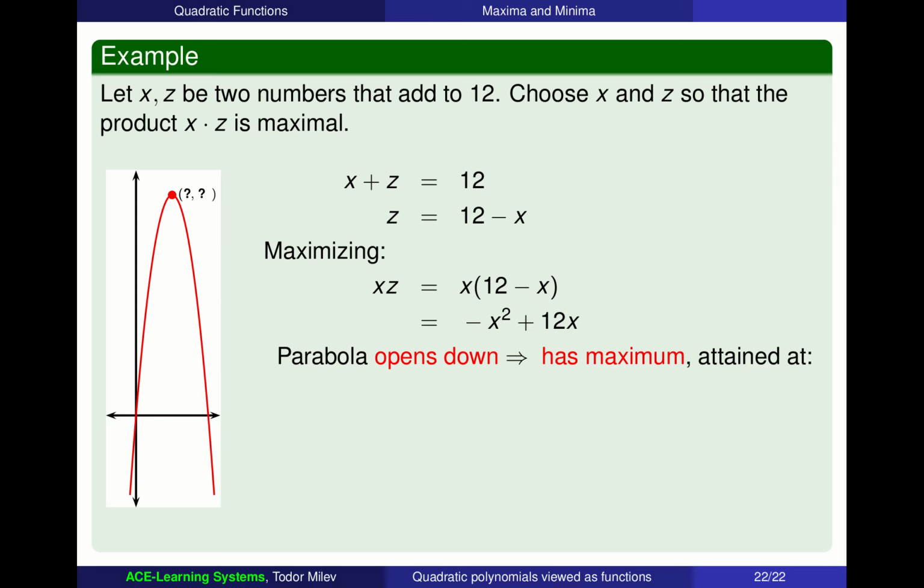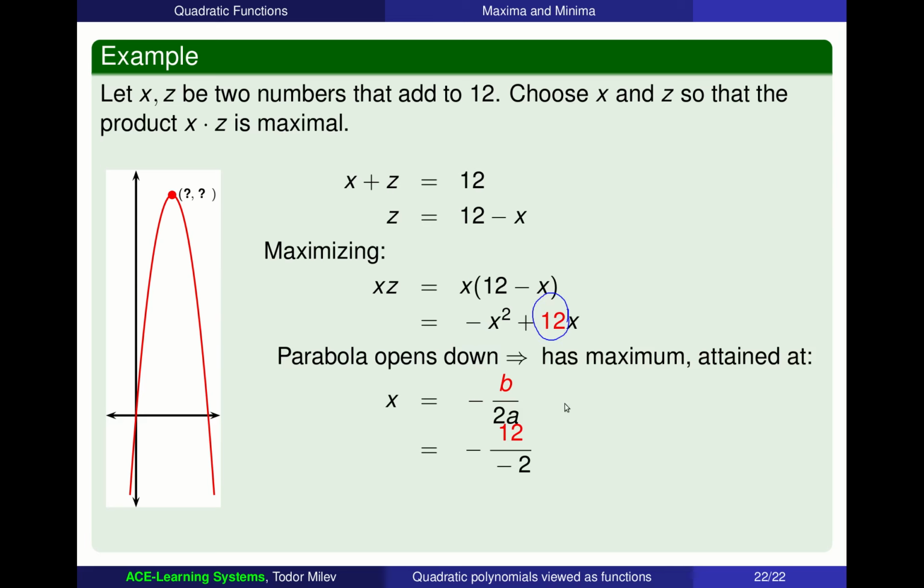Okay, so our parabola has a maximum, and where is it attained? Let me ask you, where is the maximum of that parabola attained? I'm sure you guessed it correctly. The maximum of the parabola is obtained at minus b over 2a. Right, so what's b and a? Well, b equals 12.